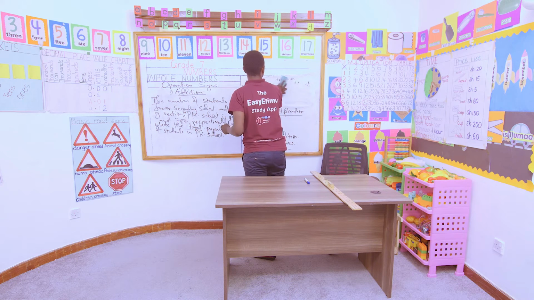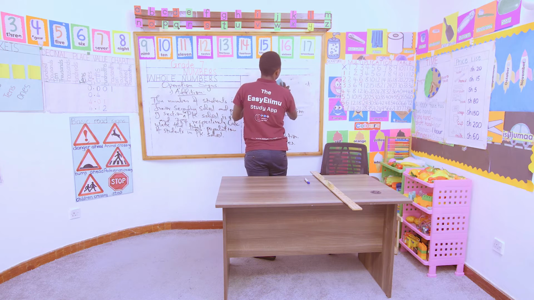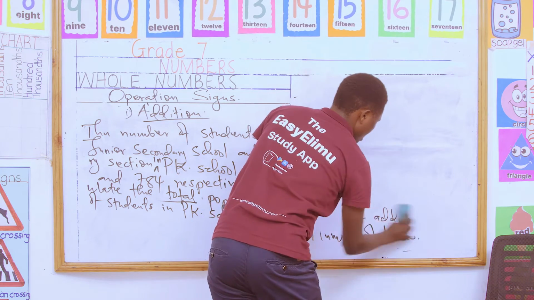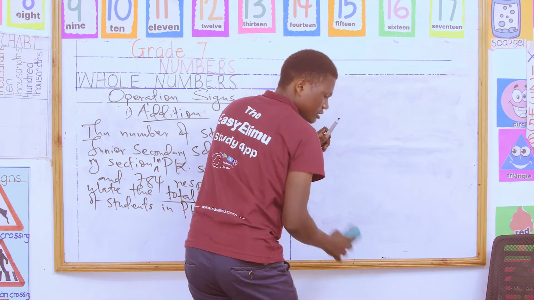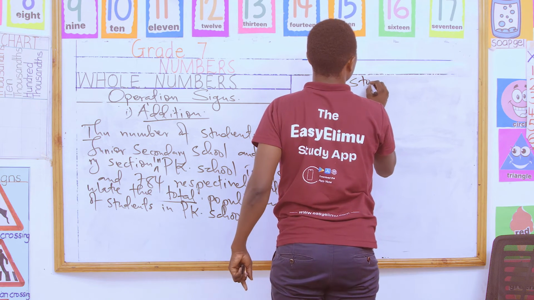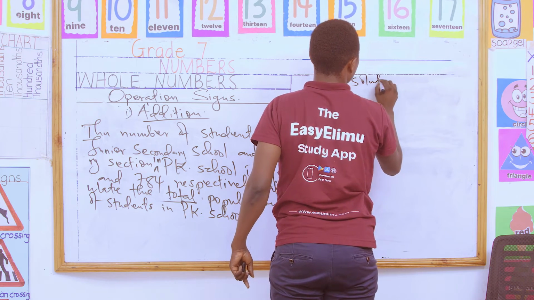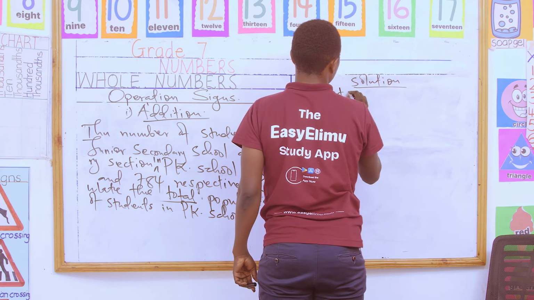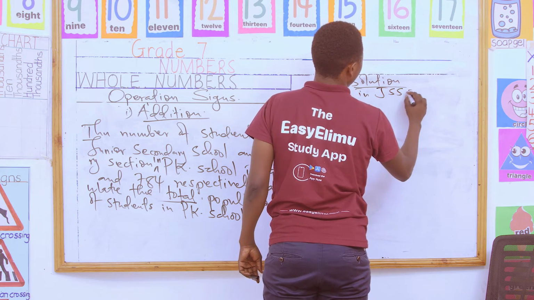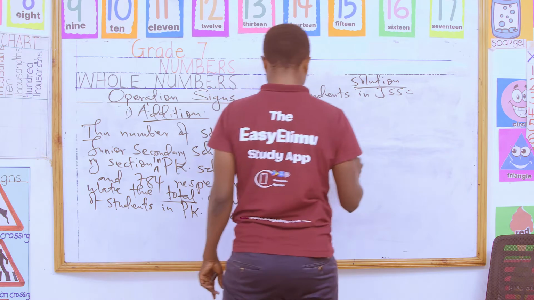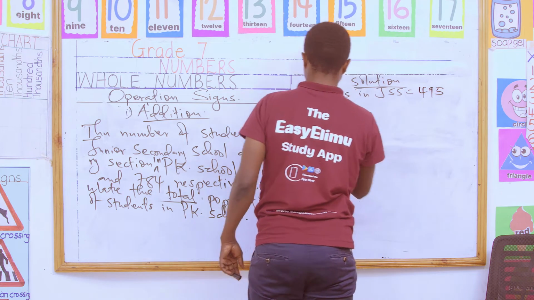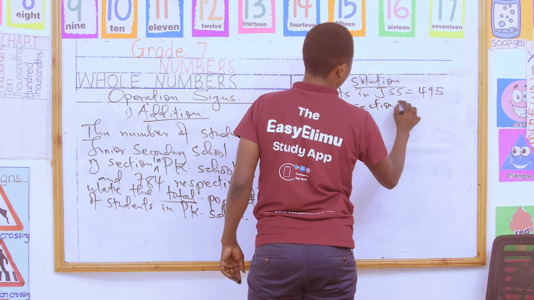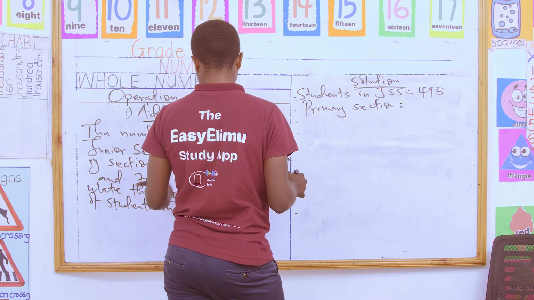So, solution: students in JSS are 495. Primary section, we have 784.